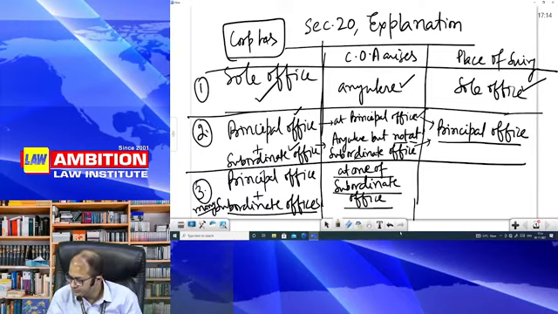Then there is a second situation where a corporation has a principal office and many subordinate offices. The cause of action arises either at the principal office or anywhere, but not at a subordinate office.